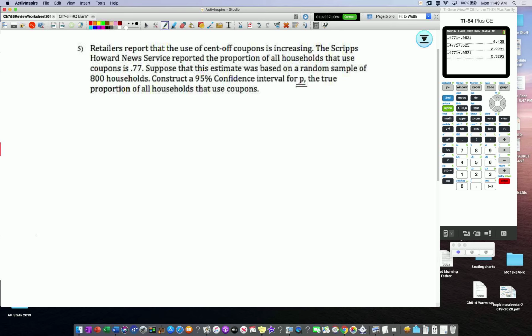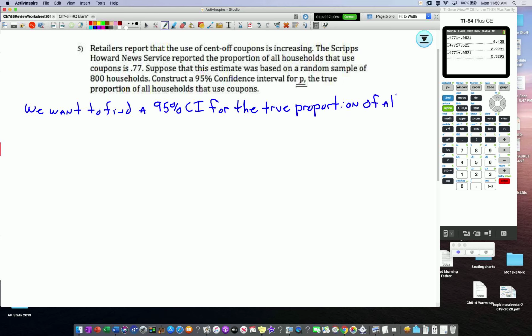Okay? So again, we're going to do state, plan, do, conclude. So we want to find a 95% confidence interval for the true proportion of all households that use coupons.